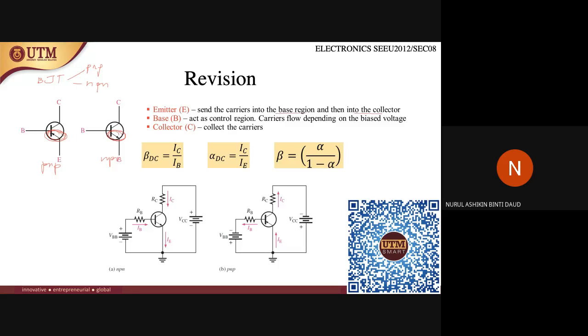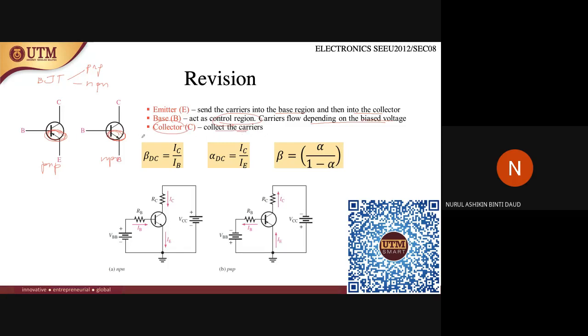The base acts as the control region, so the carriers flow depending on the bias voltage you apply at the base. And the collector collects the carriers.